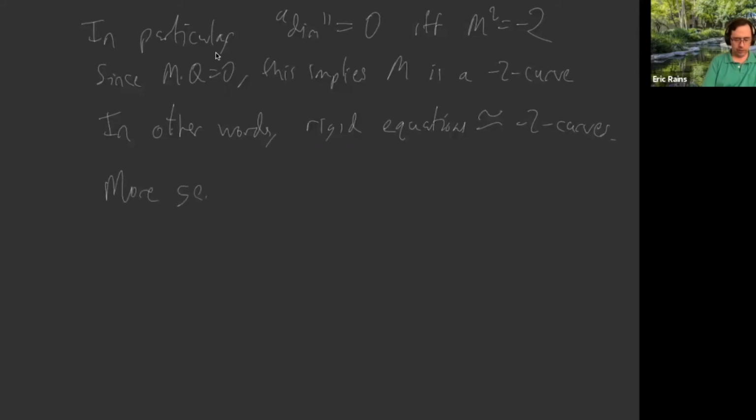More generally, there's a formula for the arithmetic genus of the support of M, which, because it's disjoint from Q, simplifies. And it's 1 plus the self-intersection over 2.